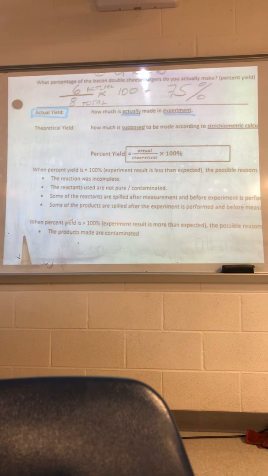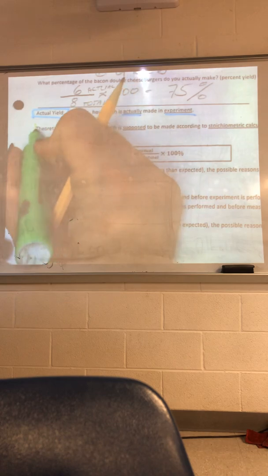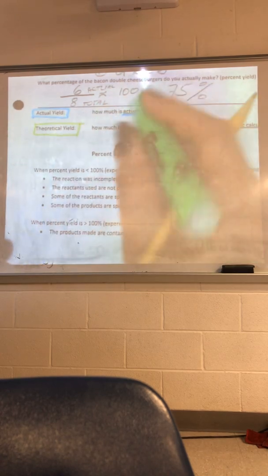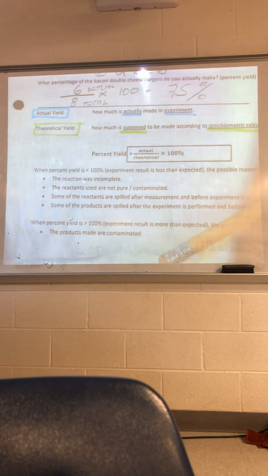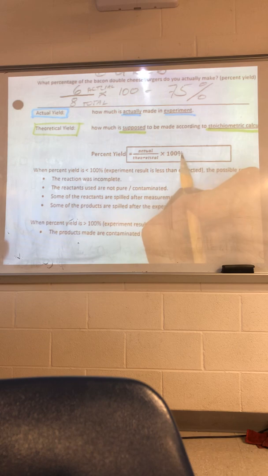What is my theoretical yield, class? How much it's supposed to make according to the stoichiometry calculation, right? So I'm supposed to make 8 sandwiches. How many did I actually make? 6, right? So actual over theoretical, that's your percent yield.